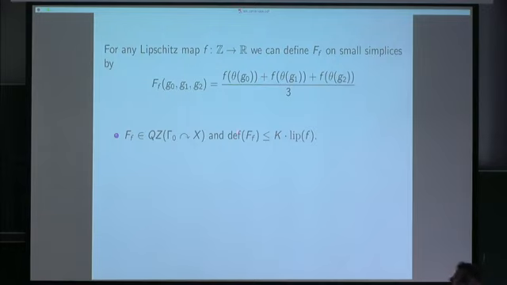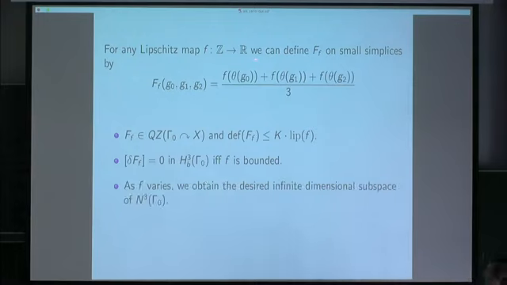And the defect of this quasi-cocycle is very well controlled by the Lipschitz constant of the map we chose. And it is very easy to check that this gives a trivial class if and only if f is bounded. The case of the volume form is when f is the identity, okay? So f is unbounded.